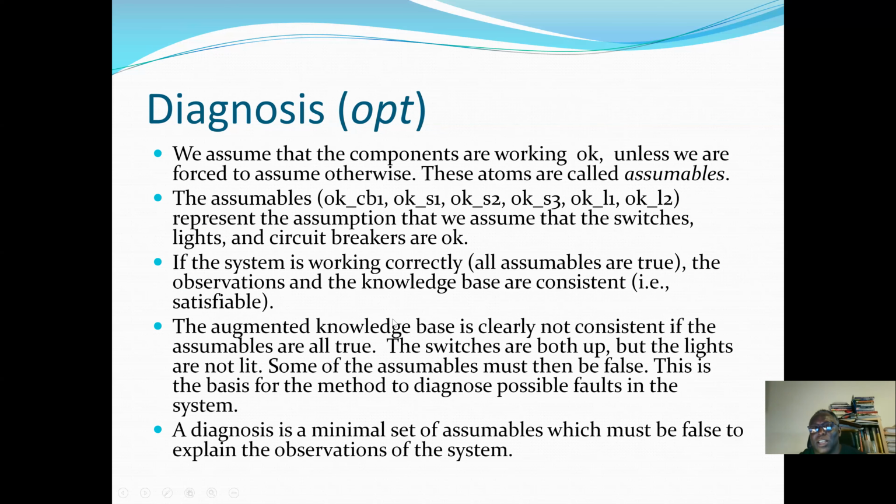Now, if the system is working correctly, all assumables are true. The observations and the knowledge base should be consistent. So the augmented knowledge base is clearly not consistent with the assumables all being true. The switches are both up, but the lights are not lit. So some of the assumables may be false. This is the basis for a method to diagnose possible faults in the system.